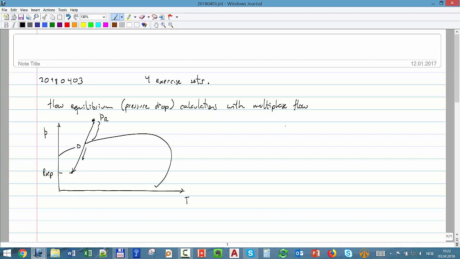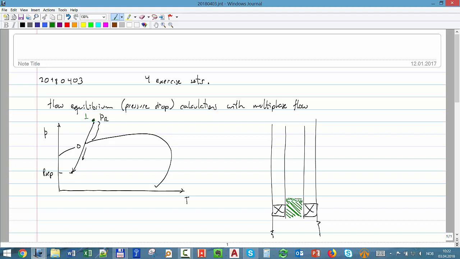If we see our famous well, let's make the casing here. So we put a packer. You will see first that when we are at this point 1, everything is just single phase oil.